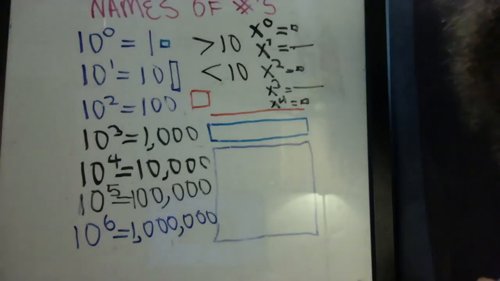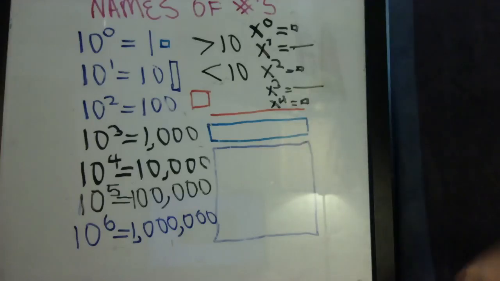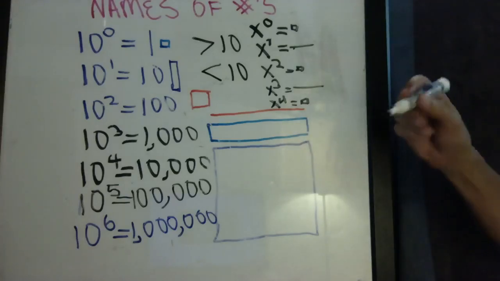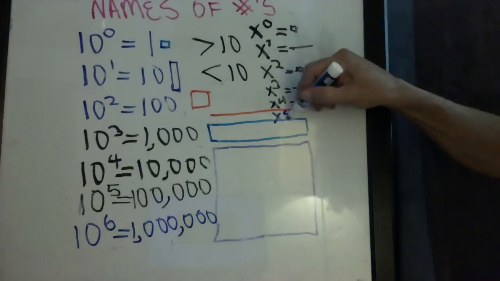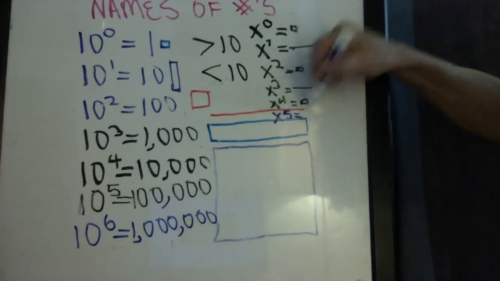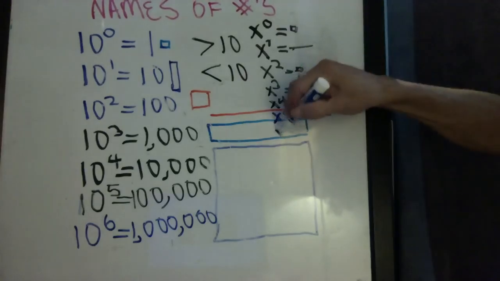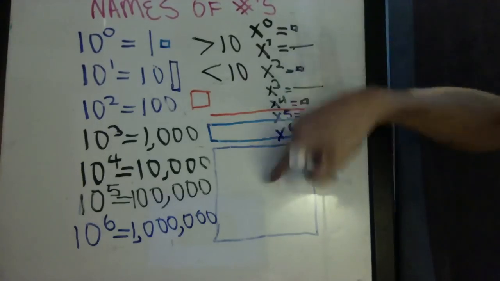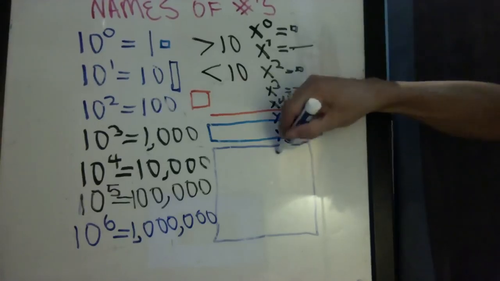So pretty soon, what are we going to do? We're going to see that, put it over here, x to the 5th, well, going with our pattern, rectangle, x to the 6th, well, right? Oh, rectangle. What's x to the 7th going to be?